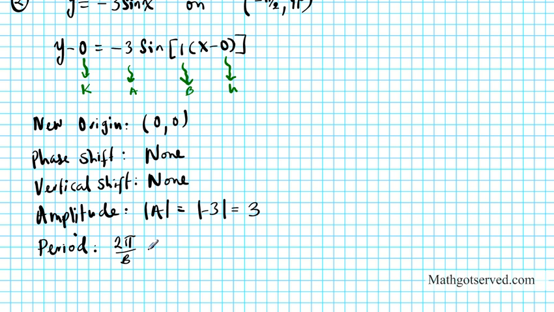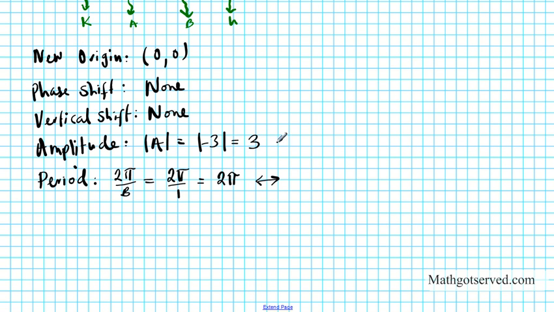B is 1, so it's going to be 2 pi over 1, which is just 2 pi, and this goes in the left and right direction. Okay? And then amplitude goes up and down along the y. Frequency. What is our frequency going to be? Our frequency is b over 2 pi, or the reciprocal of our period, which is 1 over 2 pi.